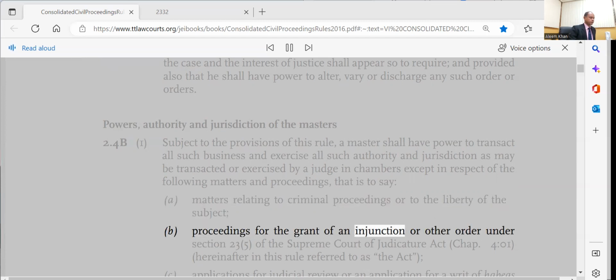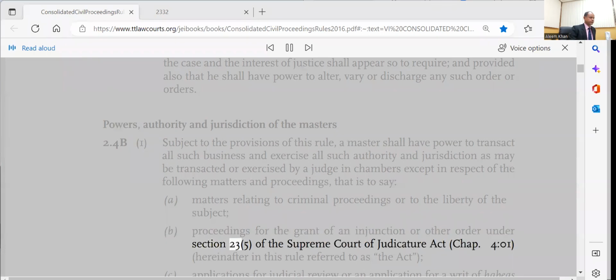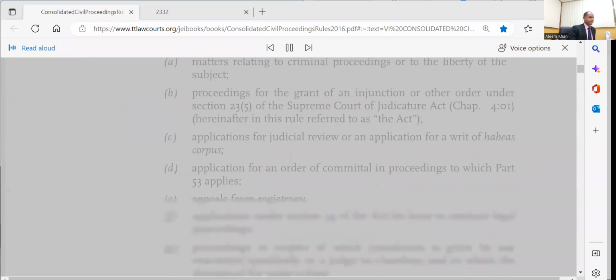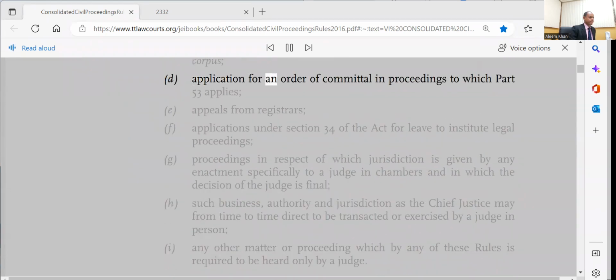Proceedings for the grant of an injunction or other order under Section 23(5) of the Supreme Court of Judicature Act, Chap. 401, hereinafter in this rule referred to as the Act. C. Applications for judicial review or an application for a writ of habeas corpus. D. Application for an order of committal in proceedings to which Part 53 applies.